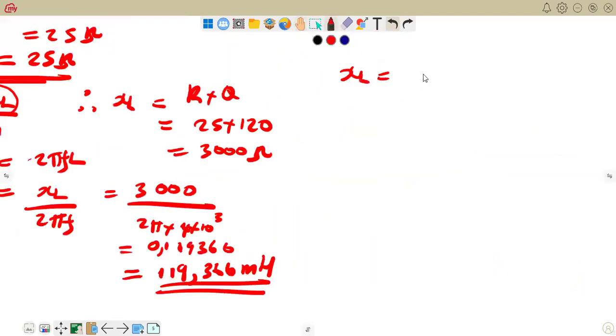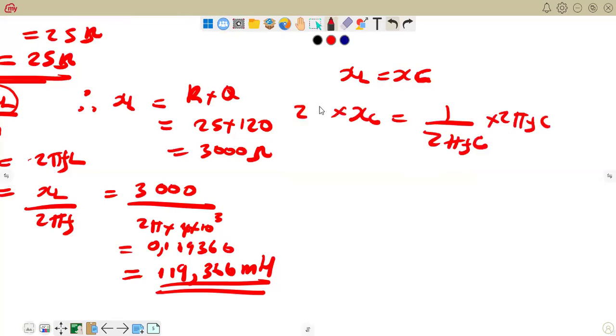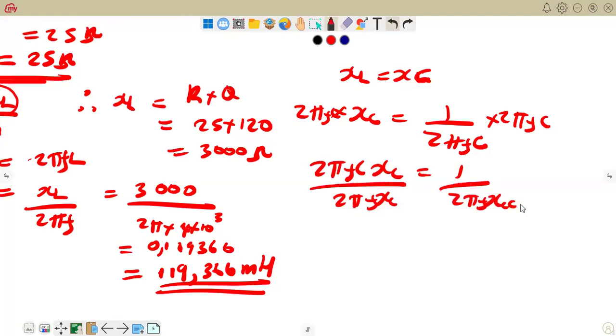Hence, at series resonance, from the formula XC is equal to 1 over 2 pi FC, it means 2 pi FC times XC is equal to 1, making C the subject. It means C is equal to 1 over 2 pi FXC. That's what we now have.